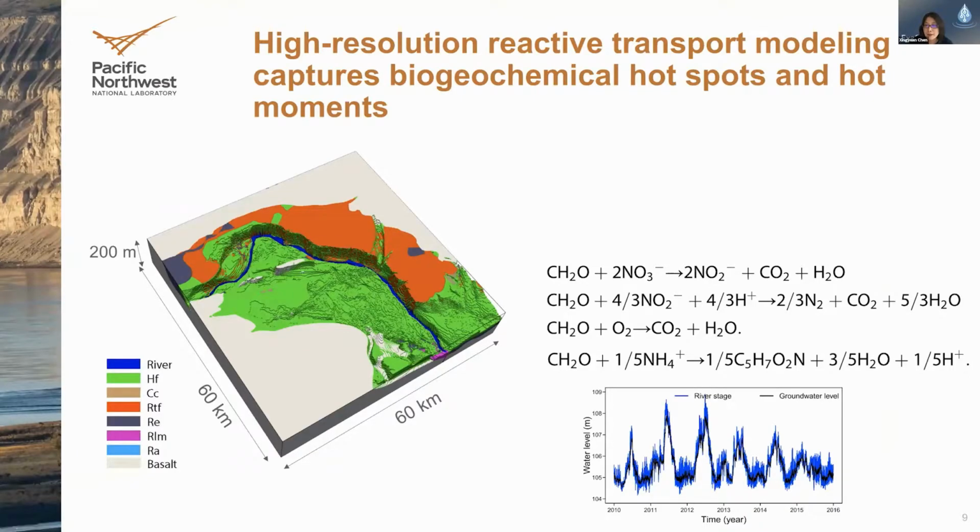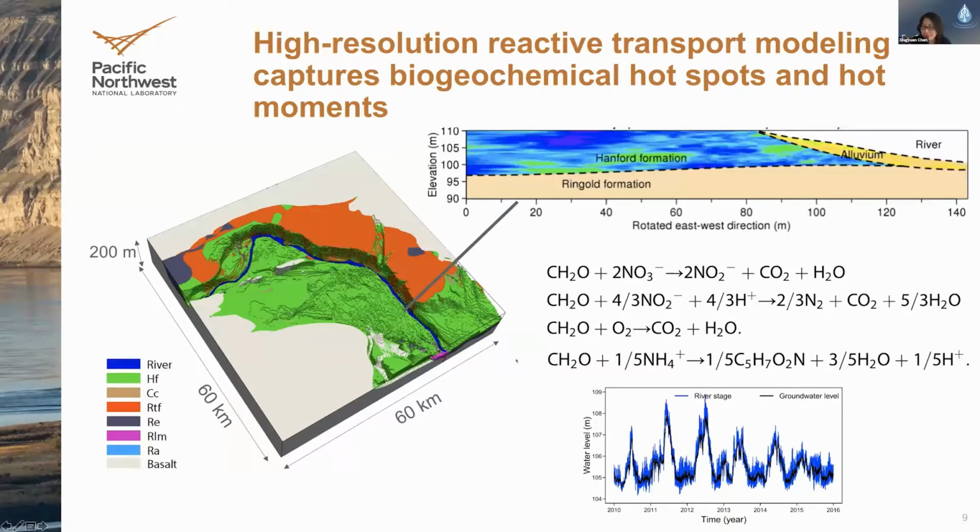And we have also learned to capture such reactions. We need to do very fine scale hydro-biogeochemical and thermal simulation.